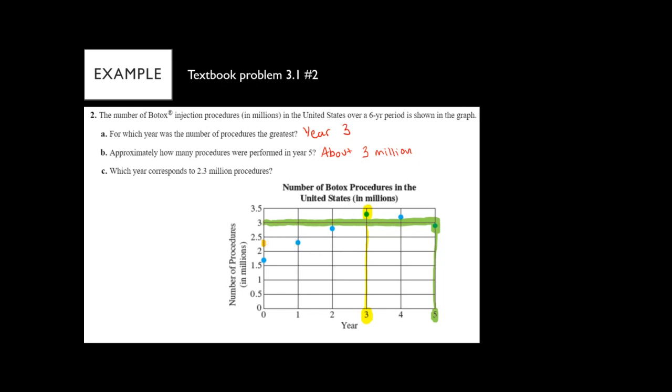Doesn't look horizontal at all. Let me try that again. Okay, that's a little better. There's only one point horizontally that I hit, and so then I'm going to go down to read what the year is for that, and that's going to be year 1. So year 1 is about 2.3 million procedures.